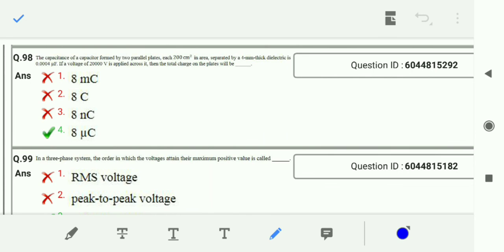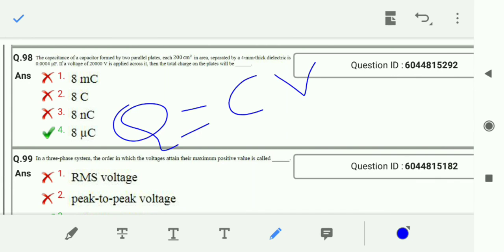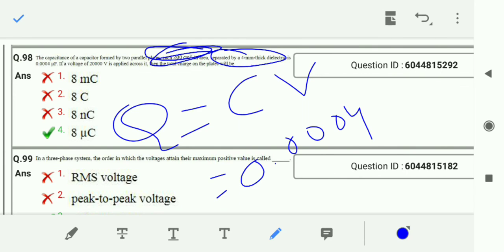So Q is equal to what? C into V. We don't need the thickness and the area. So what is the C value given? C is equal to 0.0004 micro, into V, given as 20,000. Remember, 4 into 20,000 is how much? 80,000.